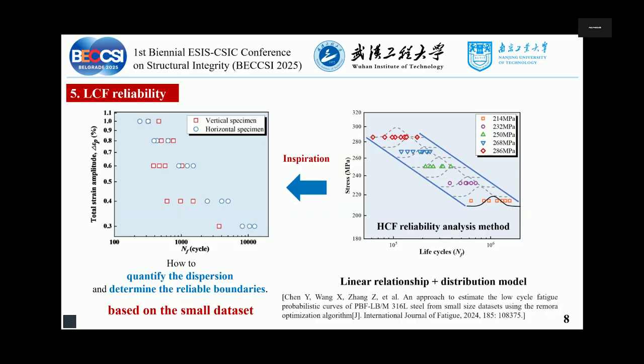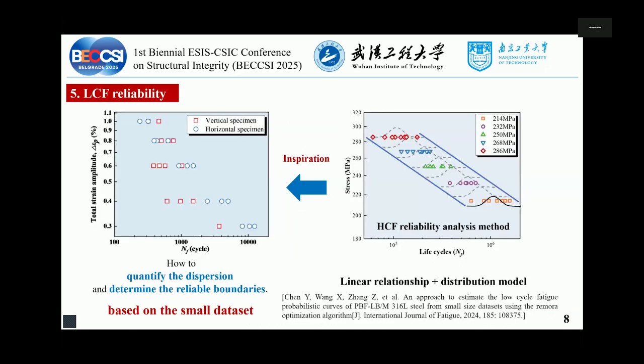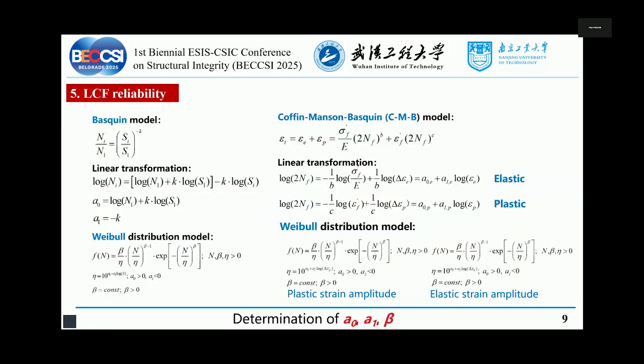Inspired by the HCF reliability analysis method, we want to use a linear relationship and a distribution model to quantify the dispersion. This is the model. It is a Basquin and Weibull distribution model. We can correlate it with the strain amplitude and the fatigue life.